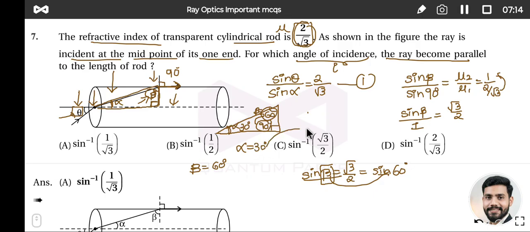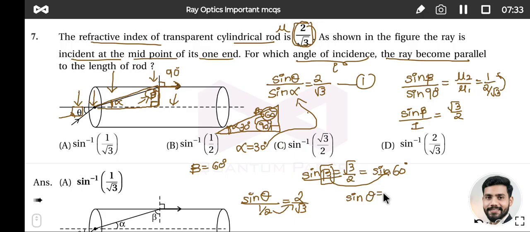So if I place the alpha value in the first equation, we get sin theta upon sin 30. Sin 30 is 1 by 2, so sin theta upon 1 by 2 is equal to 2 upon root 3. If you multiply by 1 by 2 across, we get sin theta is equal to 2 upon root 3 multiplied by 1 upon 2.